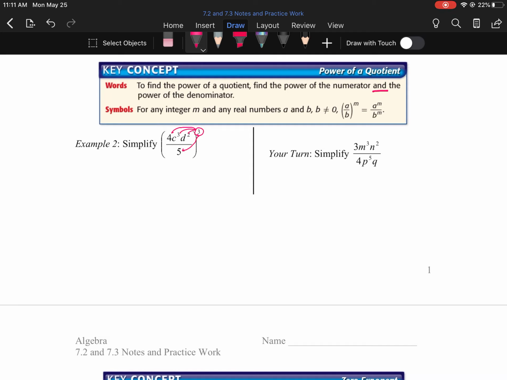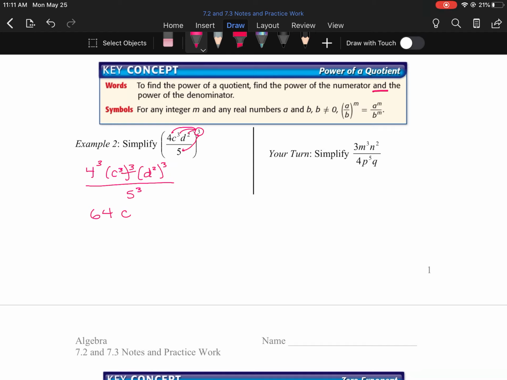To simplify this first example, we would get 4 cubed, c cubed, cubed, d squared, cubed, all over 5 cubed. So 4 to the 3rd power, we get 64.